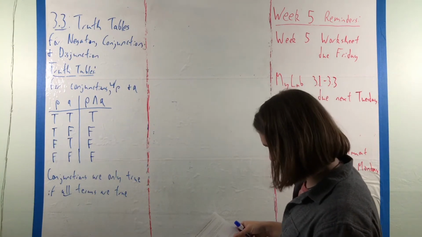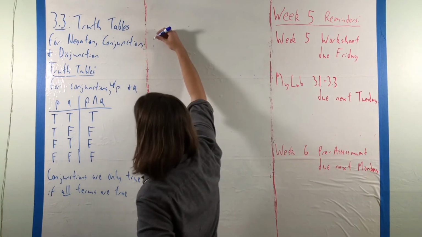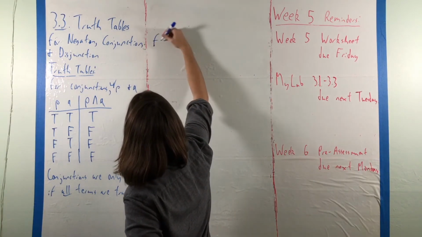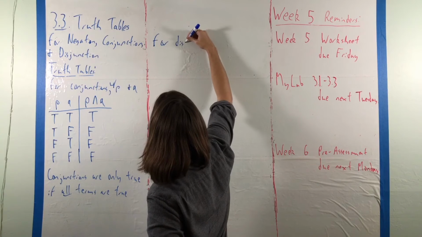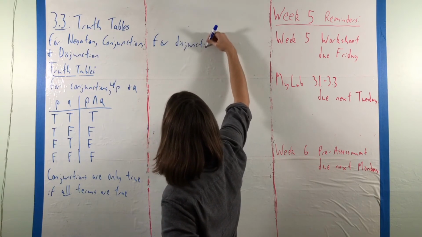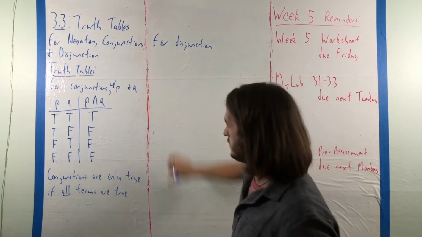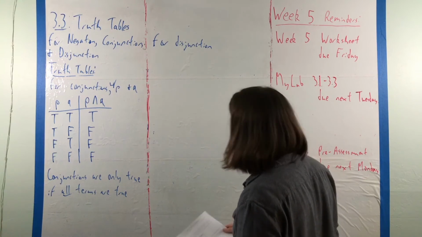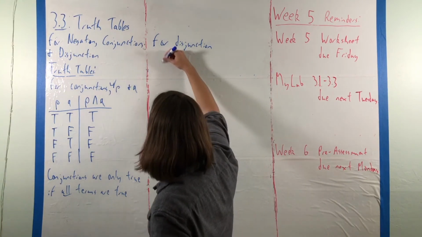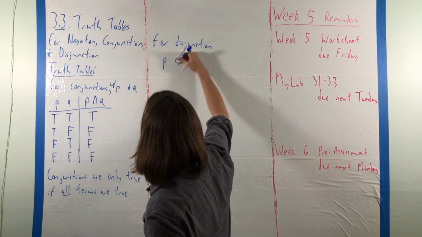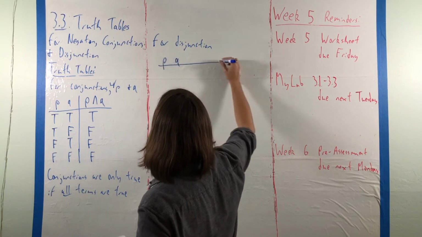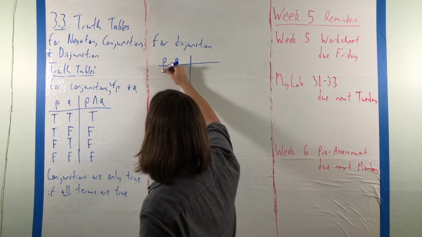On the other hand, for a disjunction, we have something very similar. Where instead, if we're going to look at disjunction, well, we still start with P and Q, where we list out the 4 possible combinations.